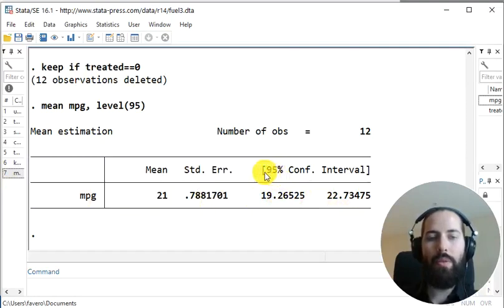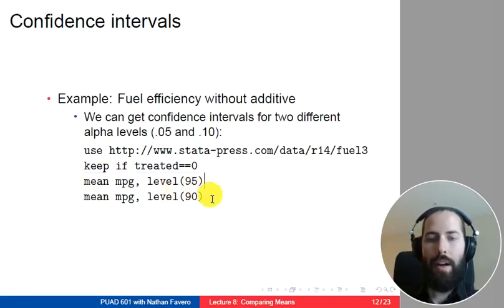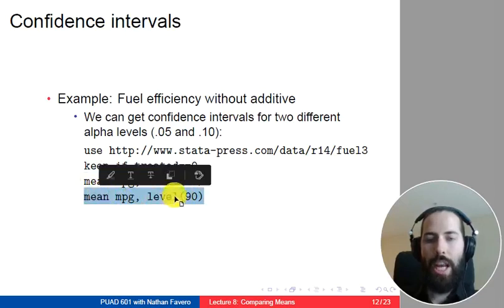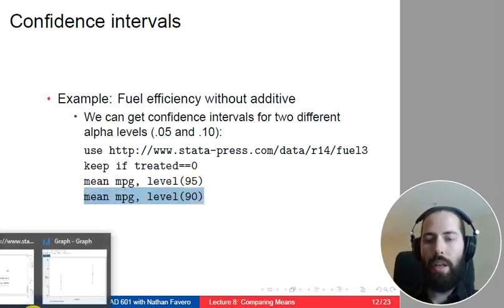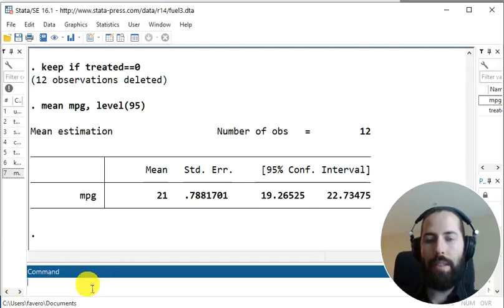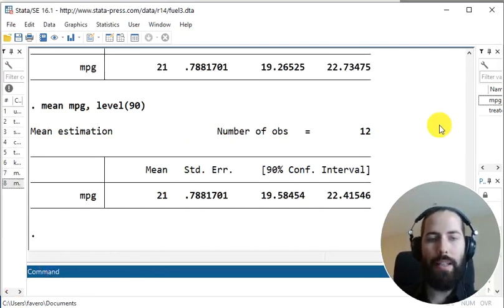Well, what if I want to do 90% confidence? Stata lets us just change the number that we put inside this option called level to be able to get a different confidence level. And most Stata commands will have a way for you to change what the confidence level is. Now you can see we're looking at a 90% confidence interval.